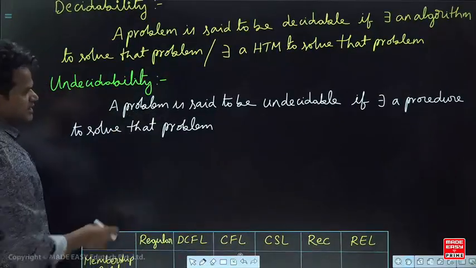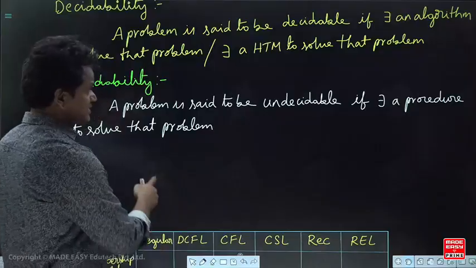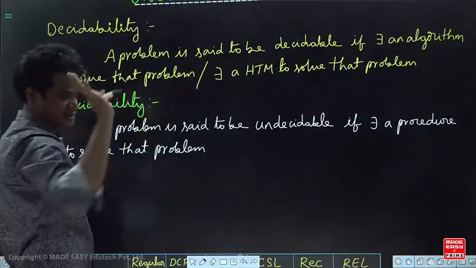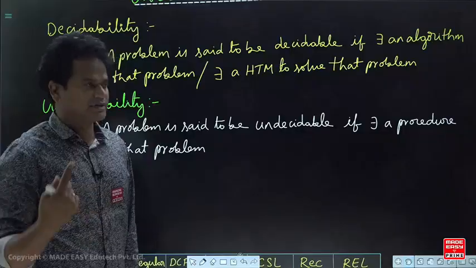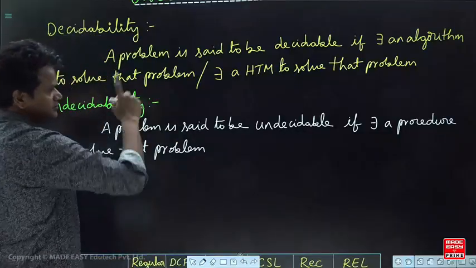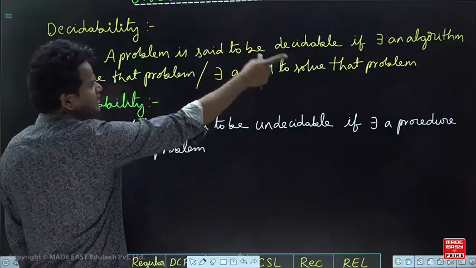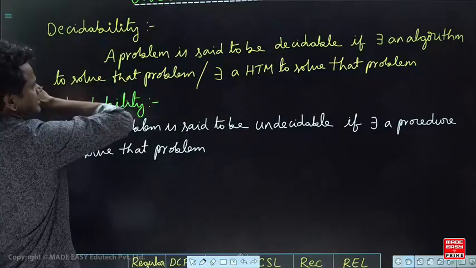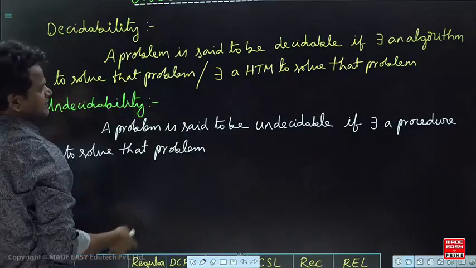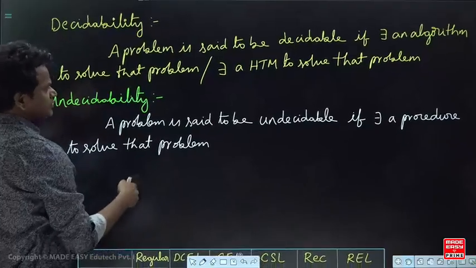Algorithm always halts, halting Turing machine also always halts. So for any problem, if an algorithm or HTM exists, then the problem is decidable.